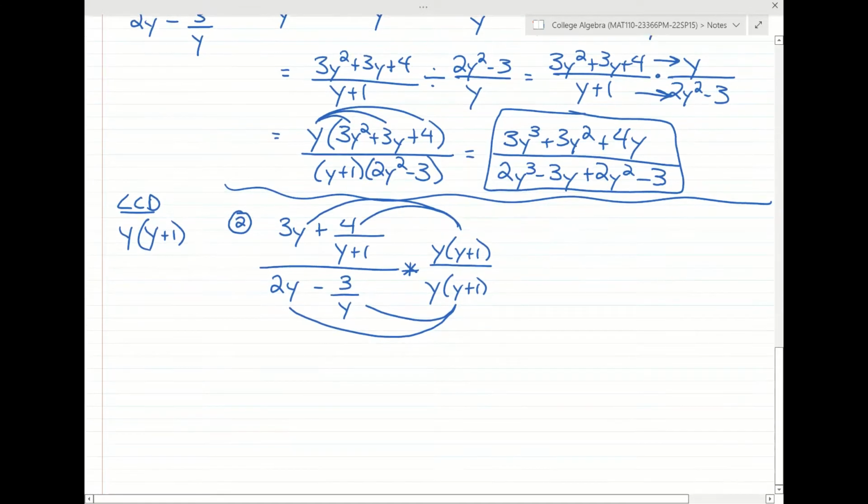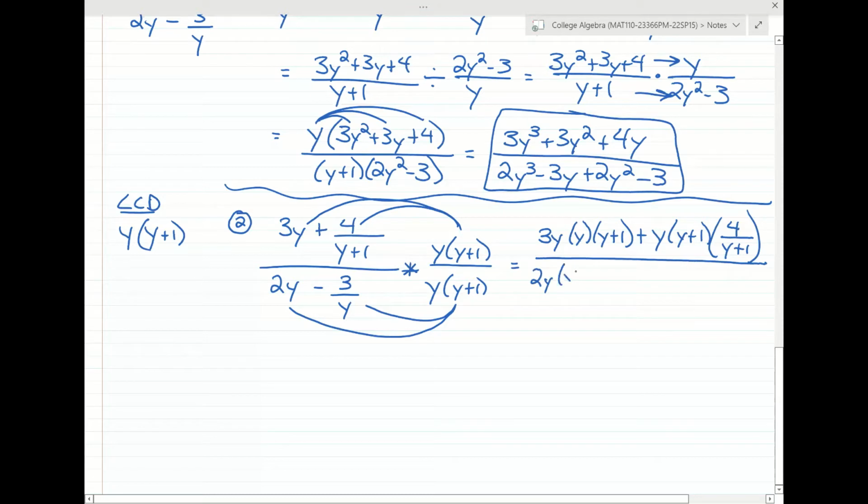Let's see what happens. We're going to get 3y times y times y plus 1, plus y times 4 over y plus 1, divided by 2y times y plus 1 minus 3 times y plus 1 times 3 over y.